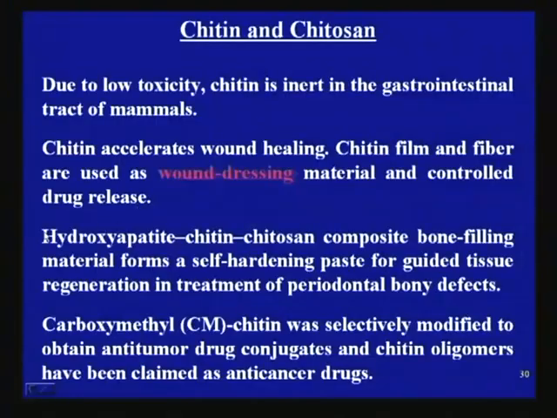That fabric can be used for wound dressing, and it will be a better fabric than cotton and other things. Then you can make a composite of hydroxyapatite, chitin and chitosan, which can be used for bone filling.